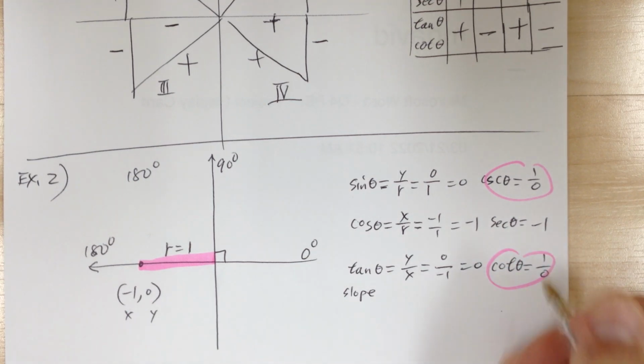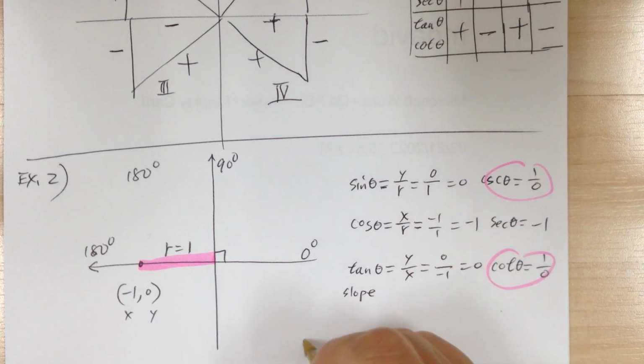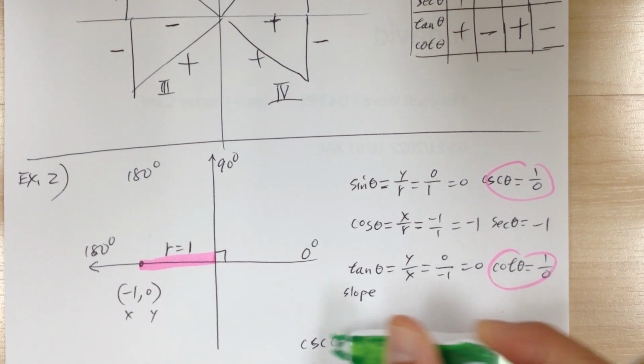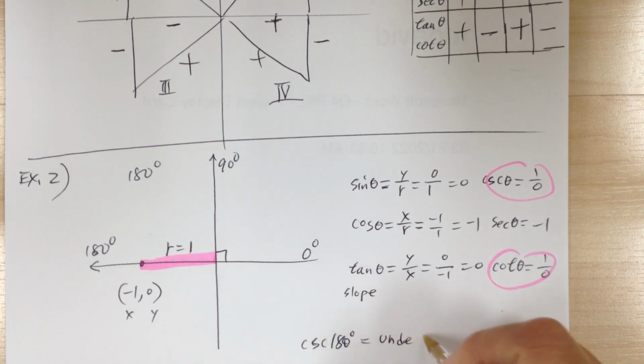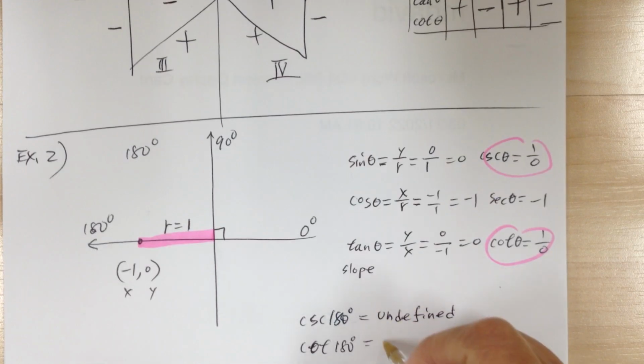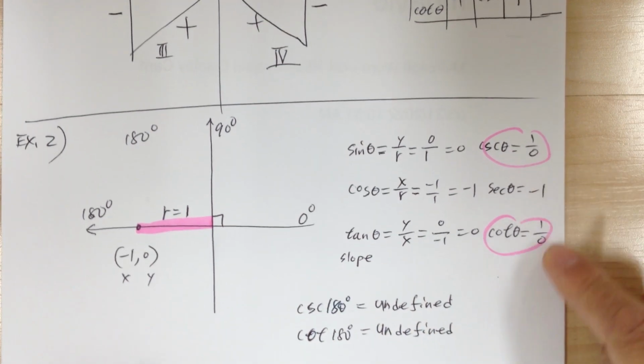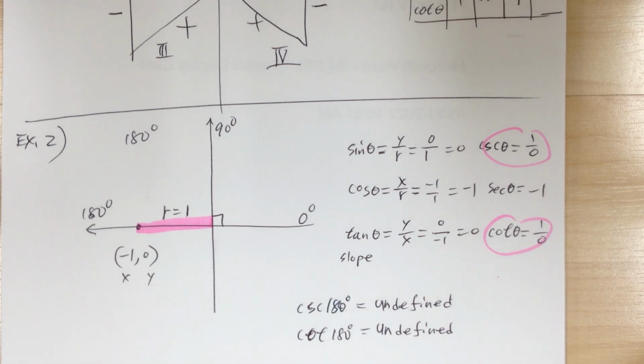So cosecant of 180 degrees is undefined, and cotangent of 180 is undefined, because you cannot have a number over 0. So that's how you figure it out.